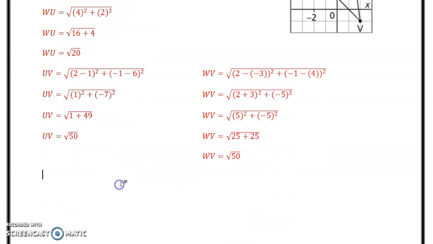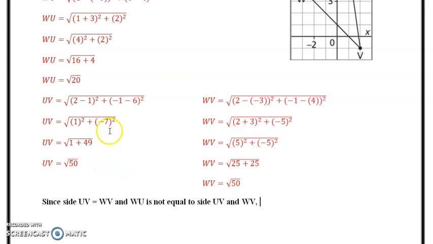So we can answer this question since side UV is equal to WV, and WU is not equal to sides UV and WV.